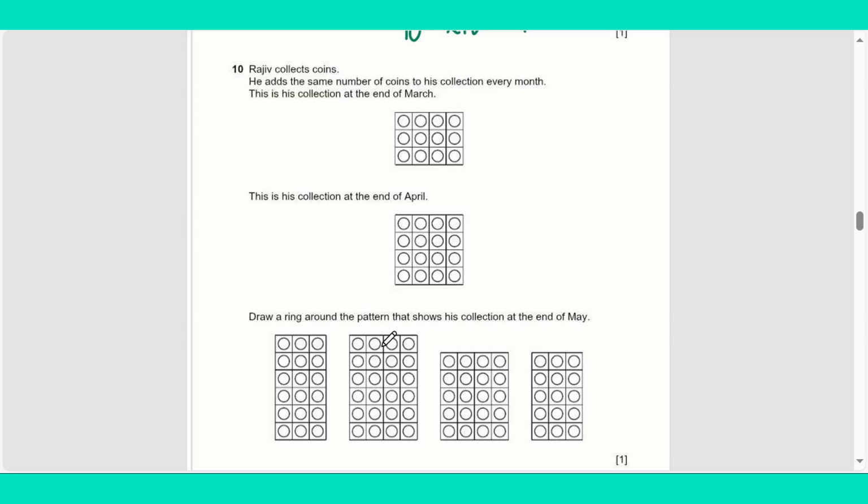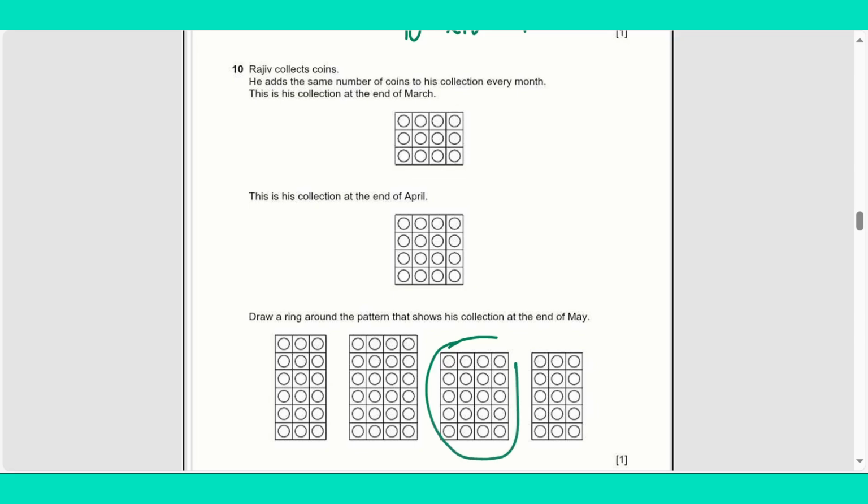Okay, what's the answer, guys? So it should be this one. Draw a ring. What is the reason? This is 3 by 4, and then this is 4 by 4, so 4 times 3, 4 times 4.